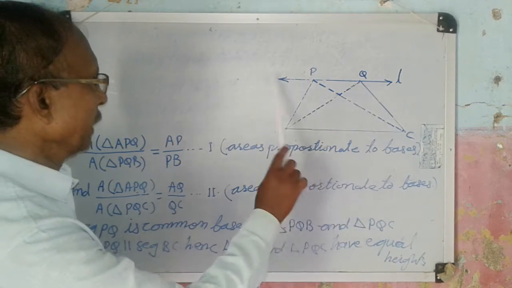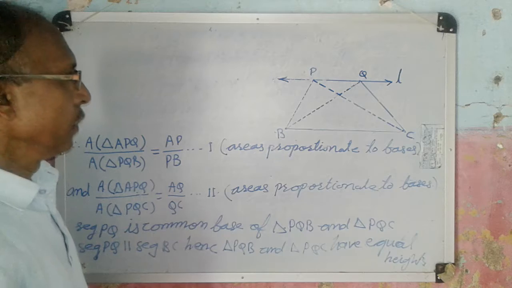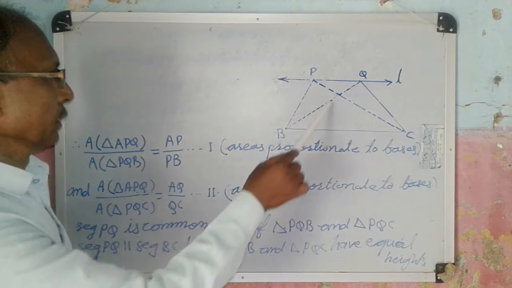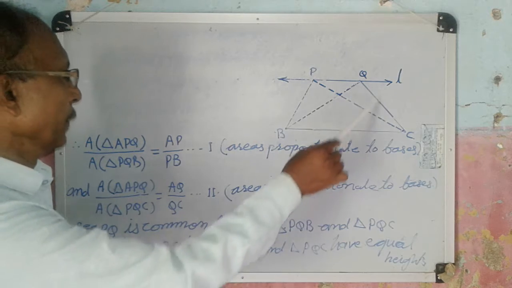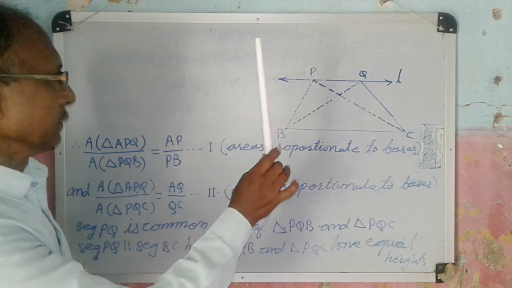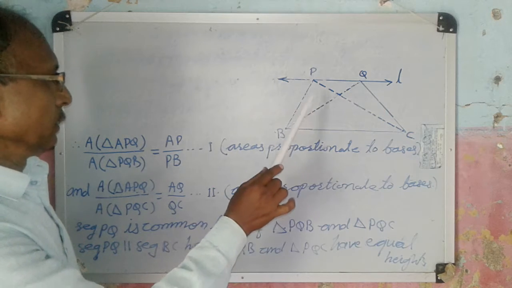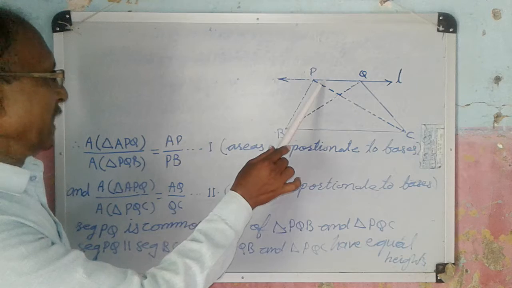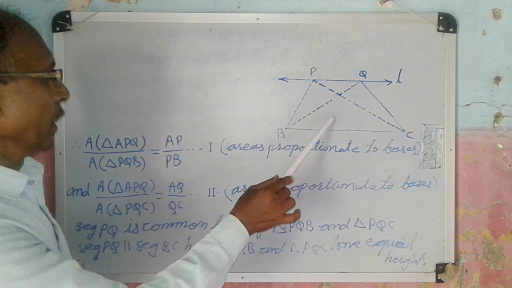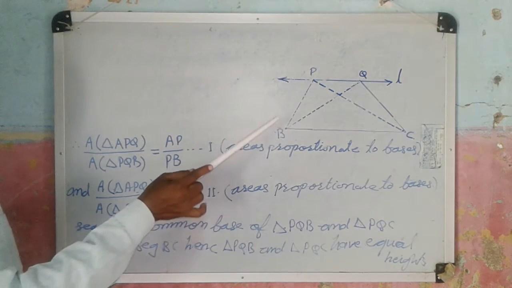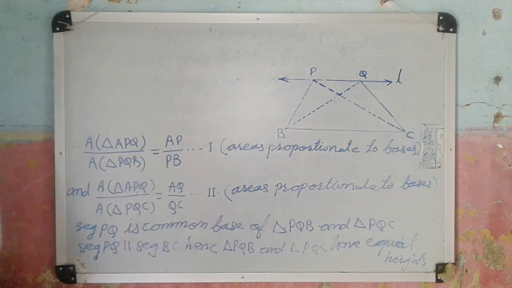That means line BC and this line are parallel, and you know that the distance between parallel lines is the same everywhere. Therefore, heights of both the triangles are equal. Therefore, these two triangles have equal bases and equal heights. So, their areas should be equal.